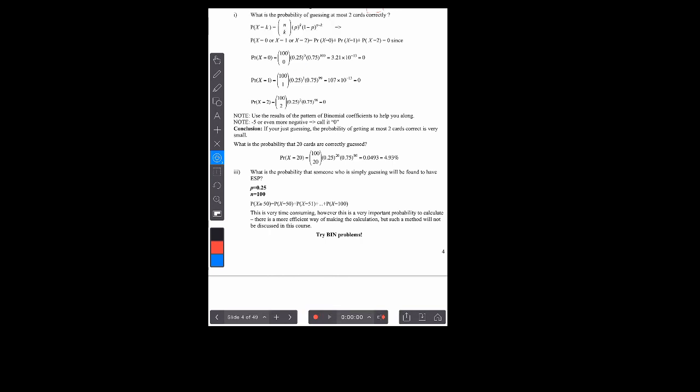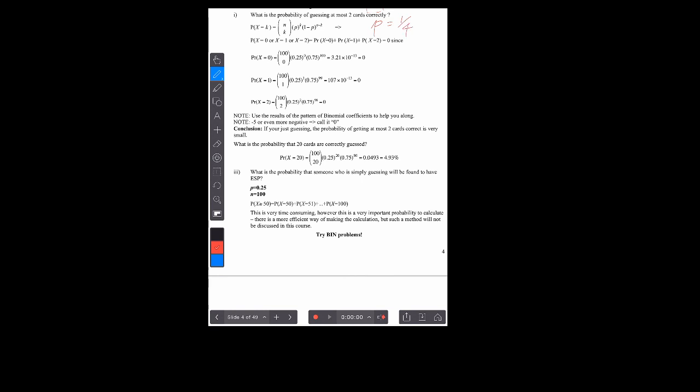Remembering our elements, P was 1/4, or 25%, and N was 100 tries. Okay, so let's recap. That's the binomial distribution with P equals 0.25 and N equals 100. So I want to calculate the probability that there's no correct guesses, 1 correct guess, or 2 correct guesses.